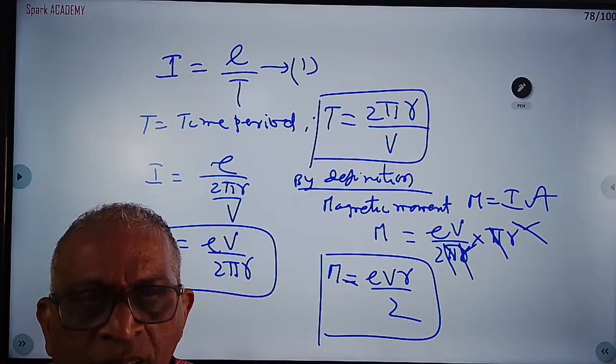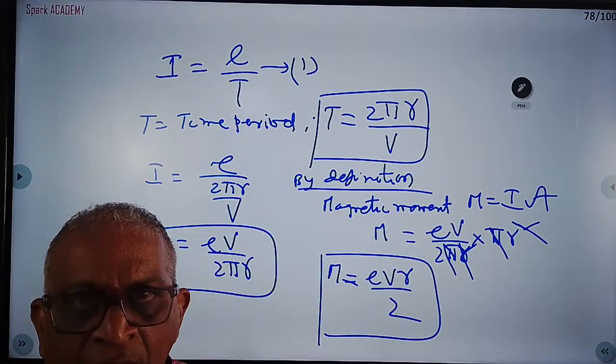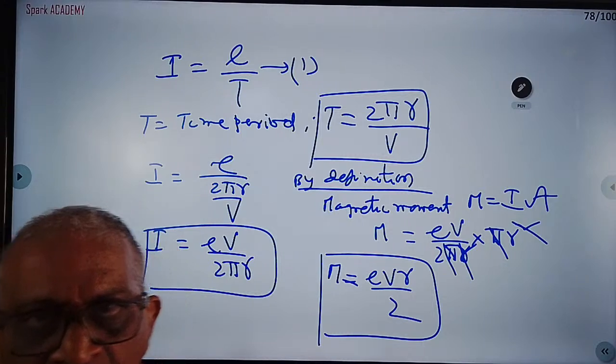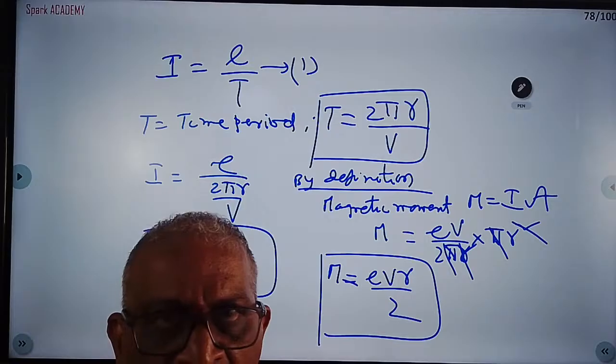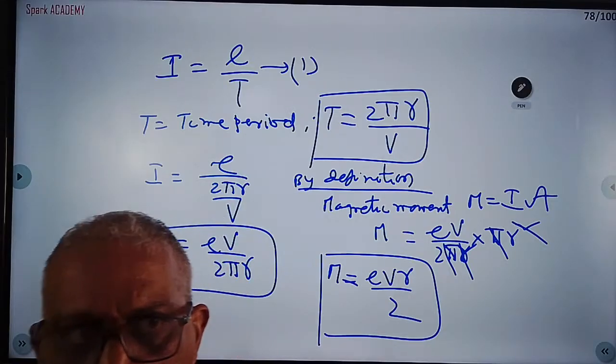What is Ampere's law? The line integral of the tangential component of the magnetic field around a closed path is equal to mu naught times the current bounded by the surface.